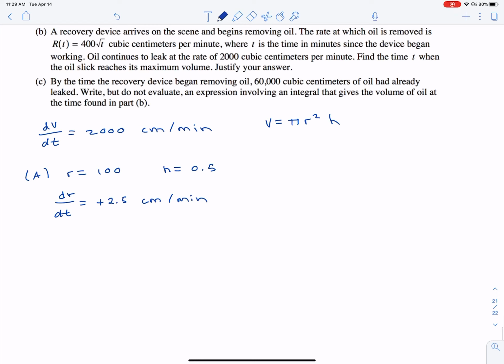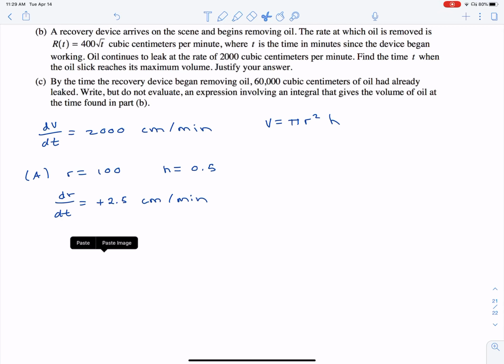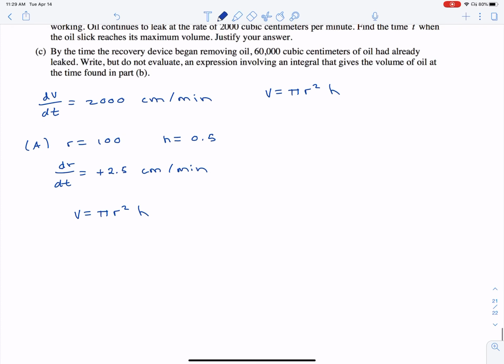So I'm going to take the volume function that they gave us, and I'm going to take its derivative with respect to time. The derivative of the left-hand side is dV/dt. And pi, I'm going to pull that out. Let's take the derivative of r squared h.